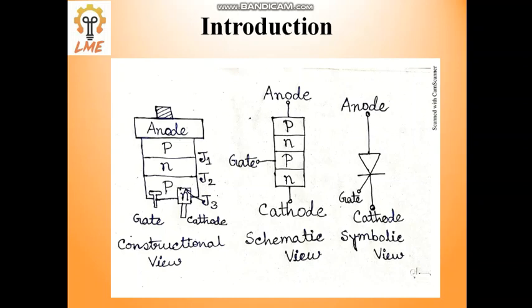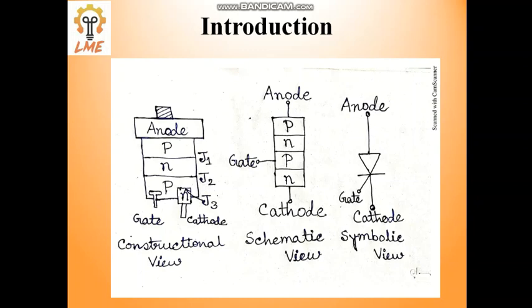What we can conclude from here is that a diode can be compared with a one-way road. But an SCR can be compared with a one-way road with a road signal, where the road signal is the gate. In case of a diode, a man can always go north to south, one-way route.